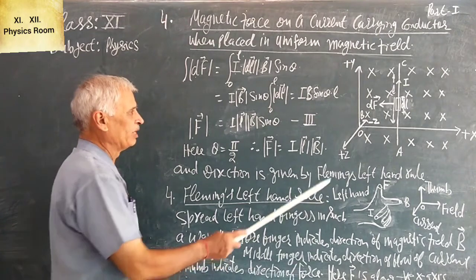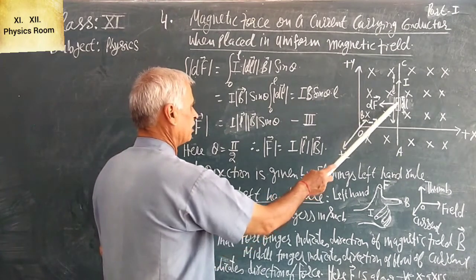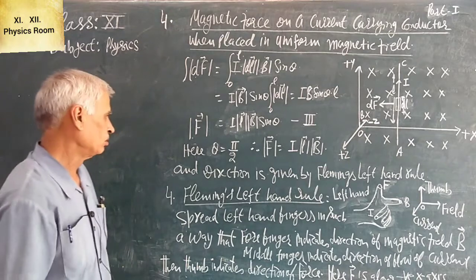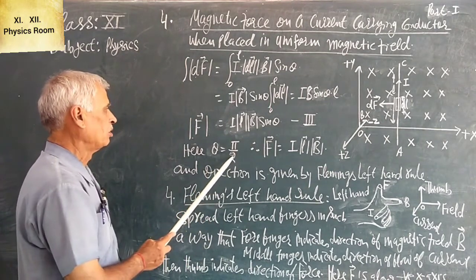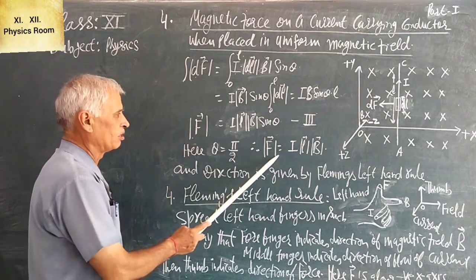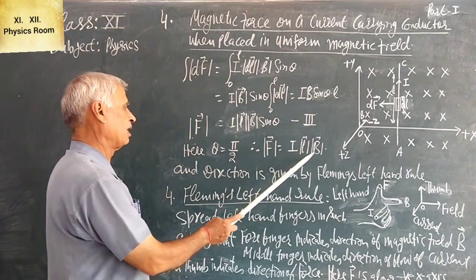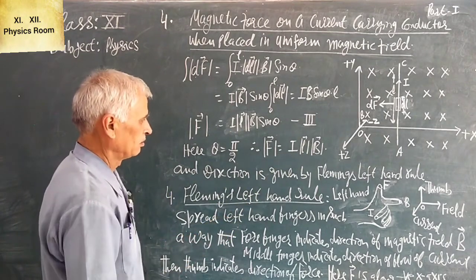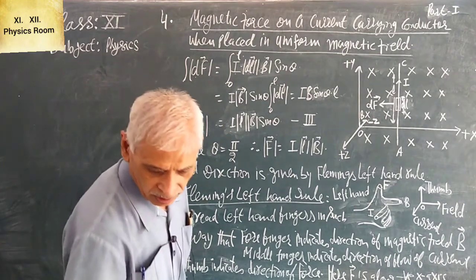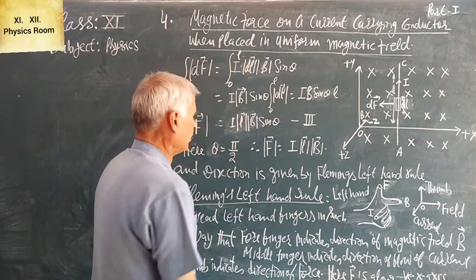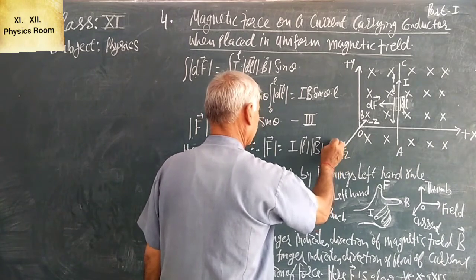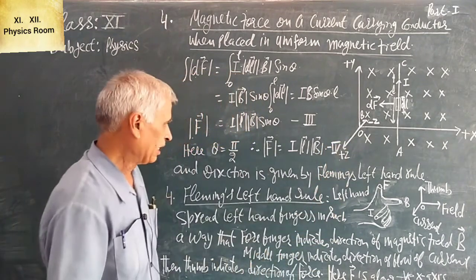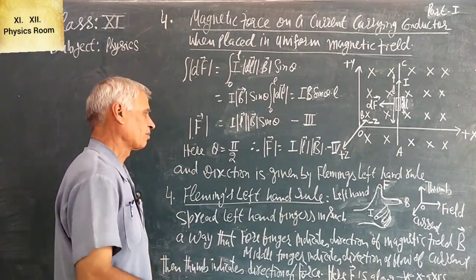So the angle between the field and the direction of current flow is pi by 2. When we place theta as pi by 2, we get mod F equals I mod L mod B. This is the magnetic force on the whole length of the conductor. Let us mark it as equation number 4.